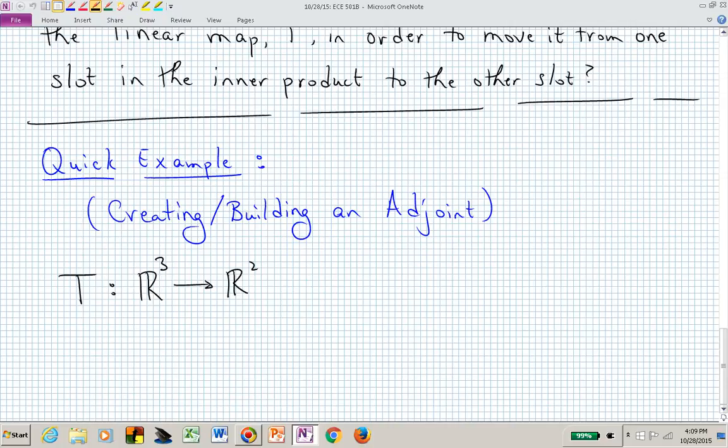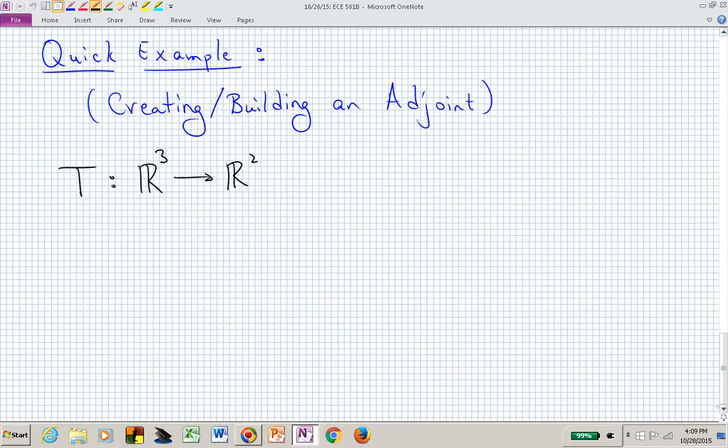So this is a dimension reducing linear map T, and suppose that this linear map T, taking the three coordinates x1, x2, and x sub 3, produces a first coordinate in R2 of x2 plus 3 x sub 3, and suppose the second coordinate scales the first coordinate by 2. And that's now our linear map.